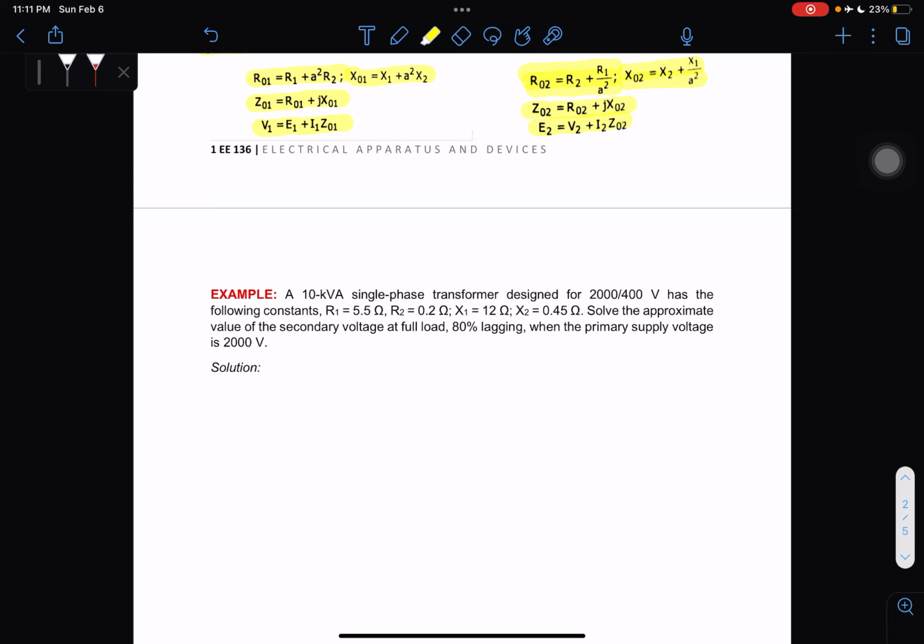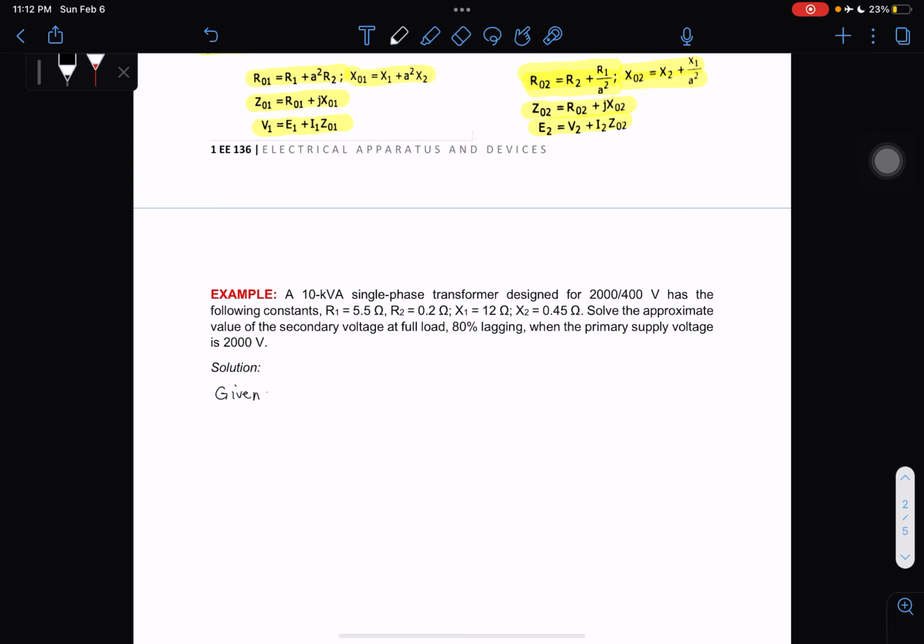We have R1 5.5 ohms, R2 0.2 ohms, X1 12 ohms, X2 0.45 ohms. Solve the approximate value of the secondary voltage at full load, 80% lagging, when the primary supply voltage is 2000 volts. So of course we have the given.